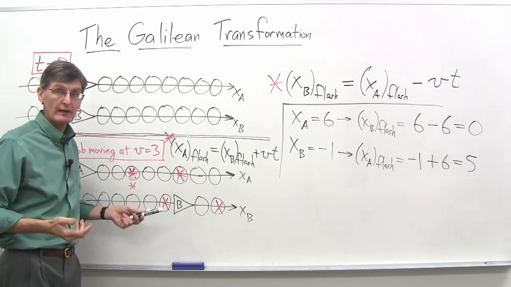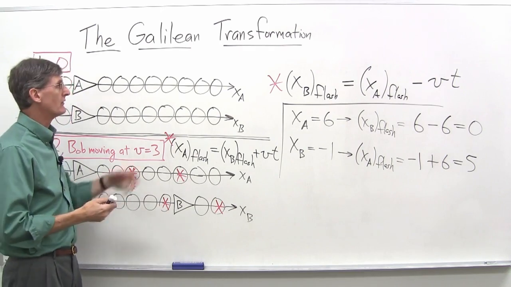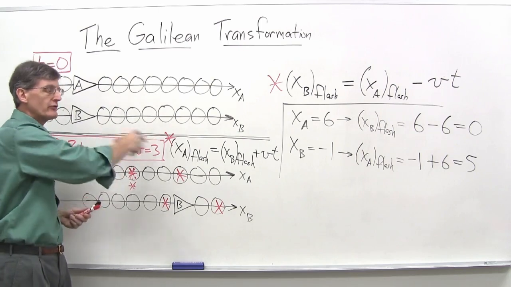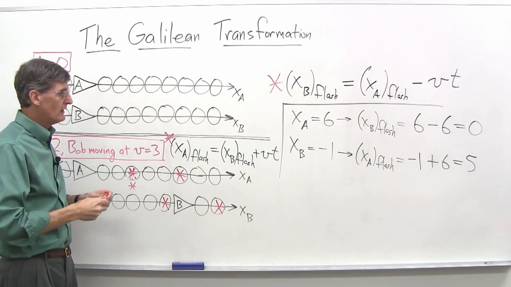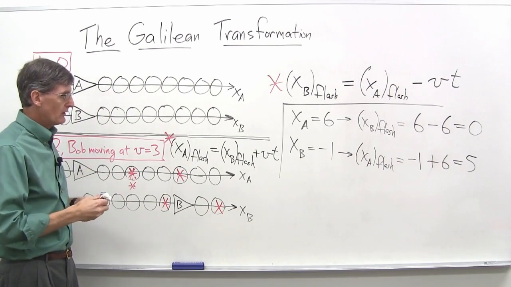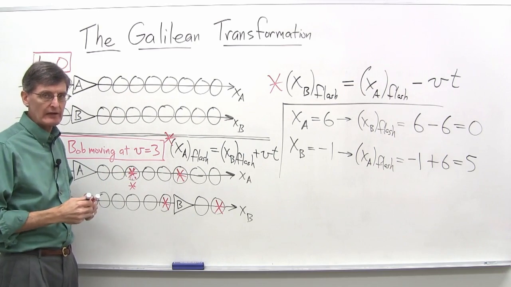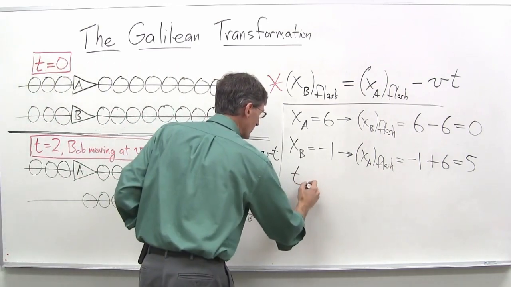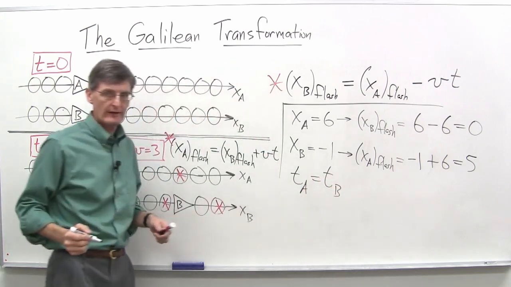So what about time, though? Well, here's the basic assumption of the Galilean transformation, really the assumption of physics from Galileo's time, and a few years after Galileo, Newton thought deeply about this as well. The basic assumption from that time, essentially until about the time of Einstein, was that Alice's time was Bob's time.